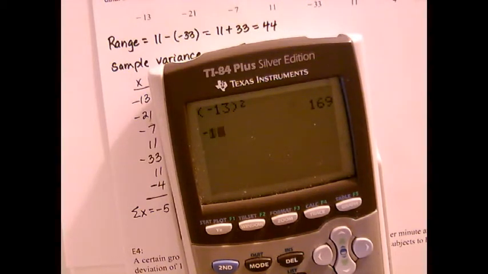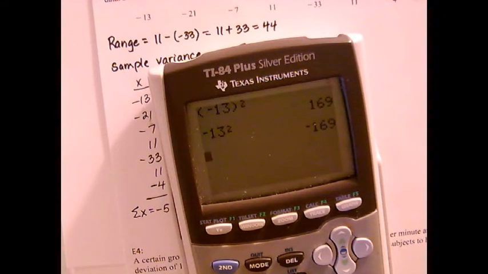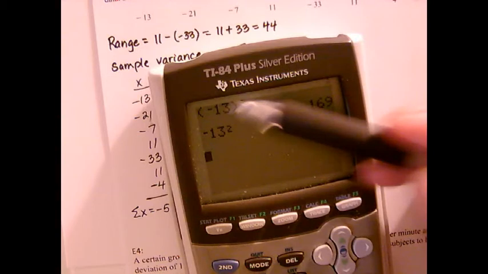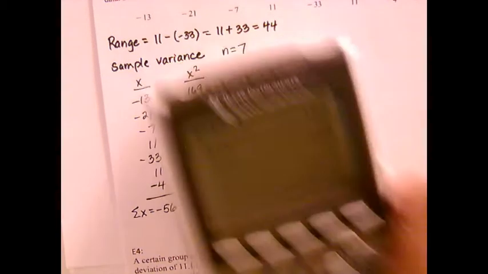If you leave the parentheses off, you're going to get a wrong answer. And the reason for that is this: it takes that 13 and squares it and then puts the negative sign last. So you want to do it this way. Want the negative 13 inside the parentheses and the exponent of 2 on the outside, for it to be a positive value.